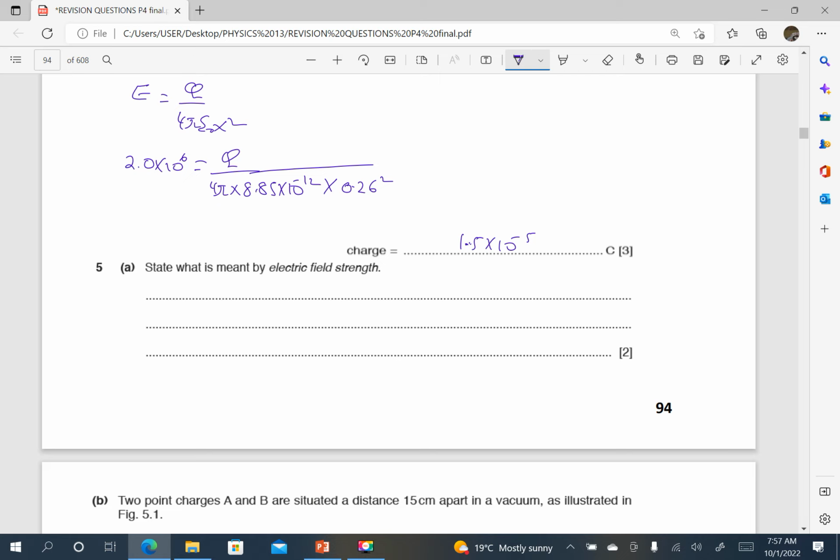The force per unit charge acting on a positive charge. E is force per unit charge acting on a positive charge. This is very important. We always imagine a positive charge placed in the region of the electric field, and the force it experiences per unit charge is the electric field strength.